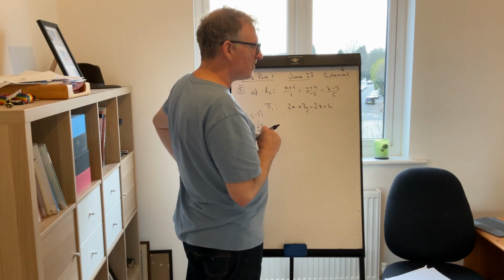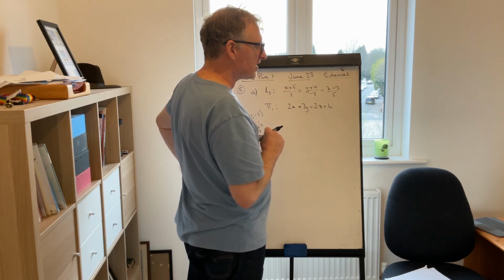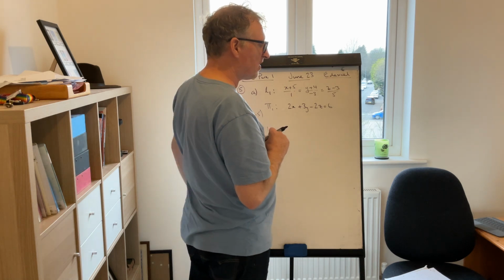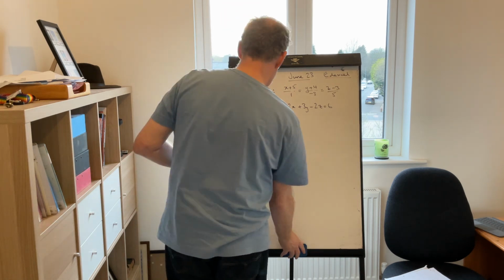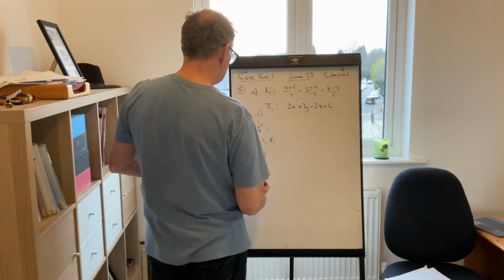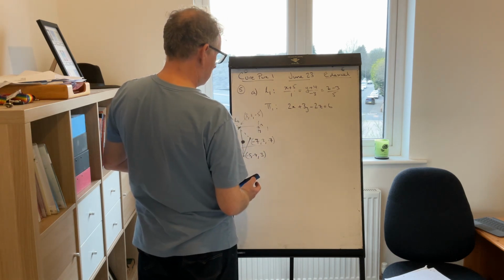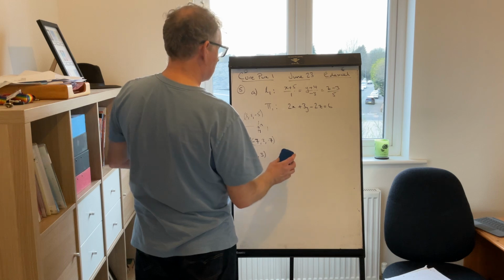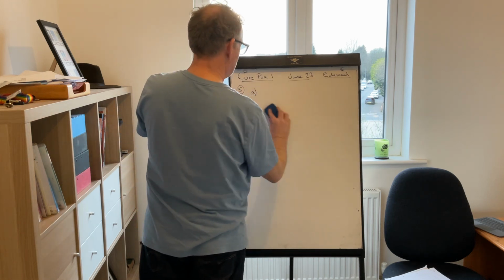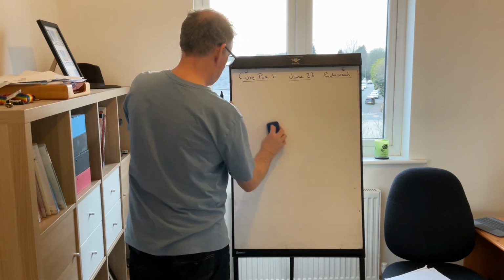We need to determine a vector equation for the line of intersection of pi 1 and pi 2. Let me just rub this off a bit.